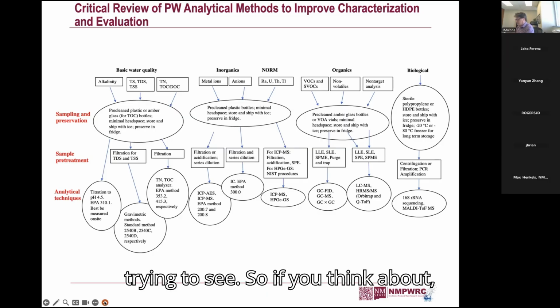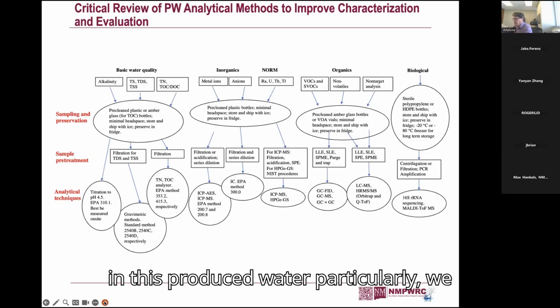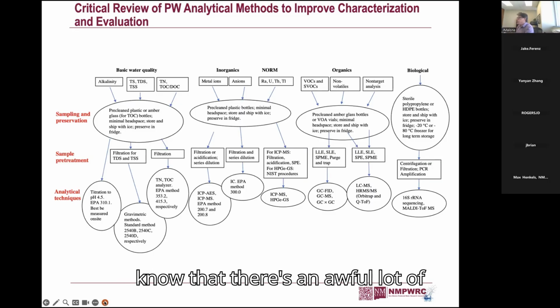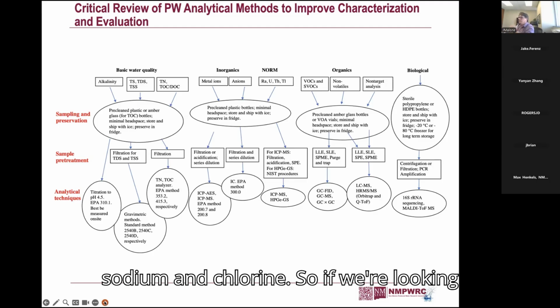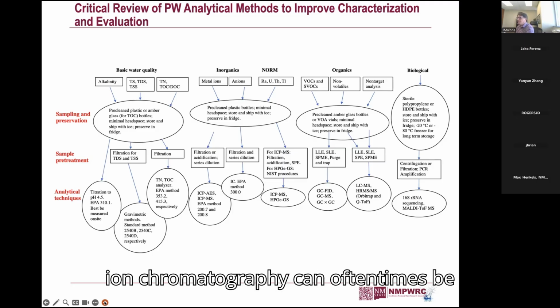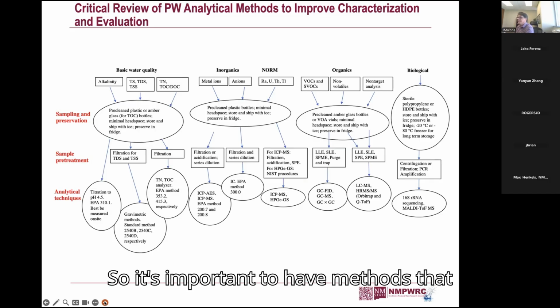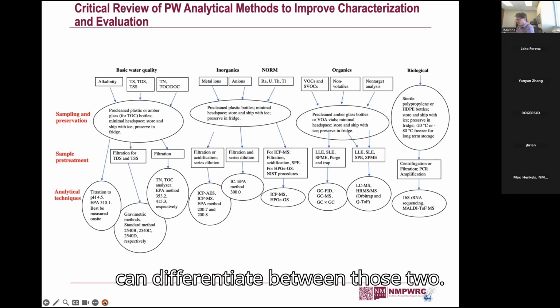So if you think about, for example, the inorganics in this produced water particularly, we know that there's an awful lot of sodium and chlorine. So if we're looking for maybe sulfate, that peak on ion chromatography can oftentimes be overshadowed by the sodium peak. So it's important to have methods that can differentiate between those two.